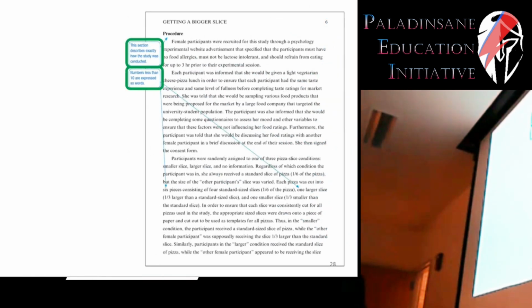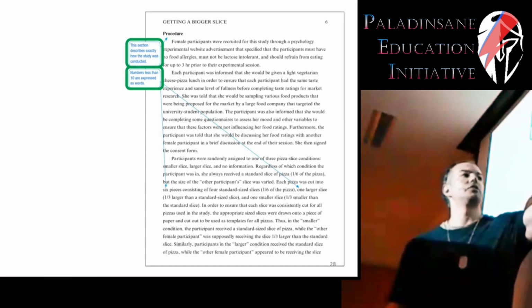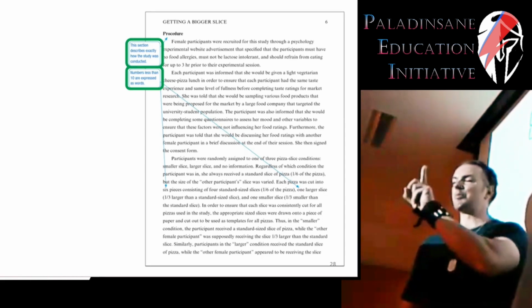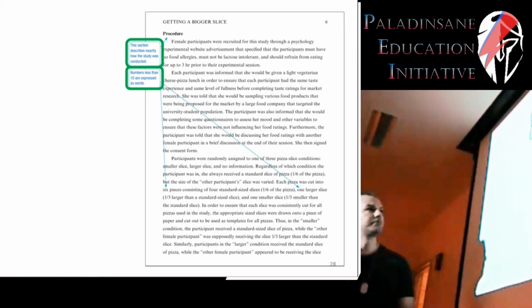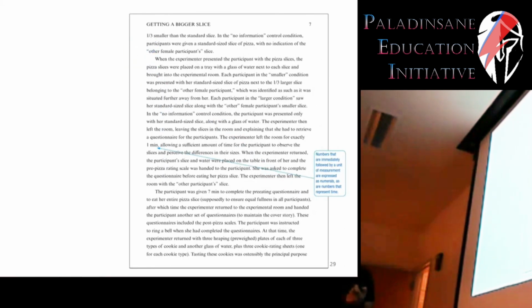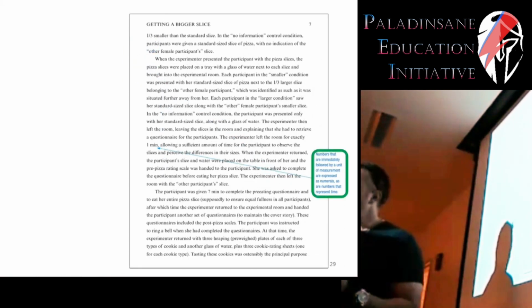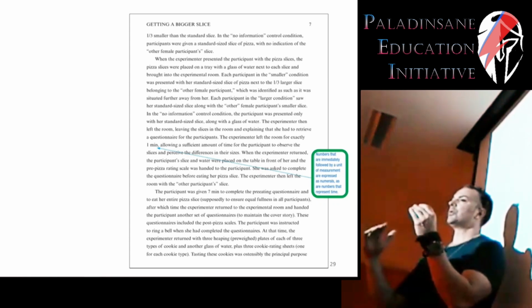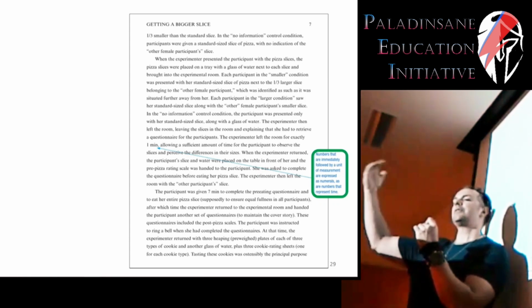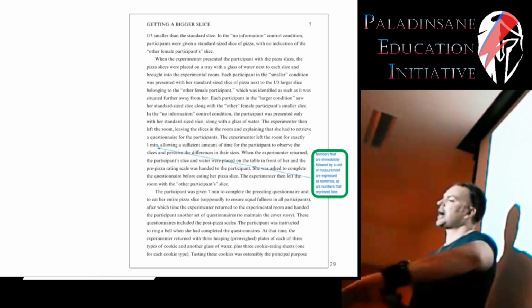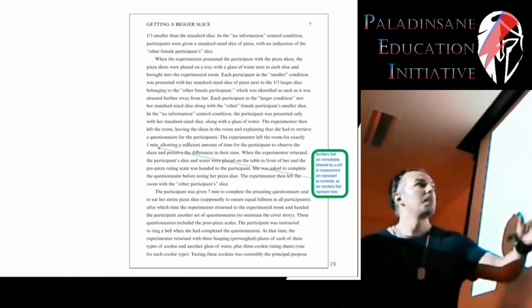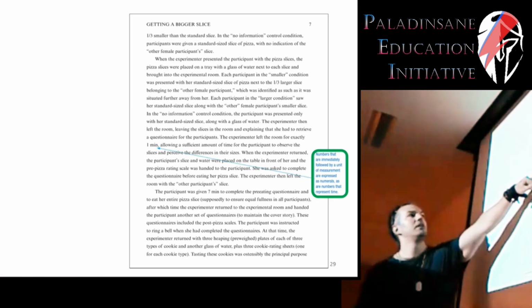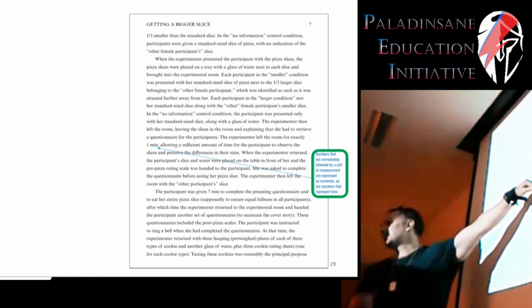And again, you can see numbers less than 10. We have one larger slice rather than the number 1 largest slice. As I mentioned, there's a ton of rules with numbers. The general rule is that 10 or above, you write it as a number, and 9 or below, you write it as a word. But if it comes with a unit of measurement, you write it as a number.